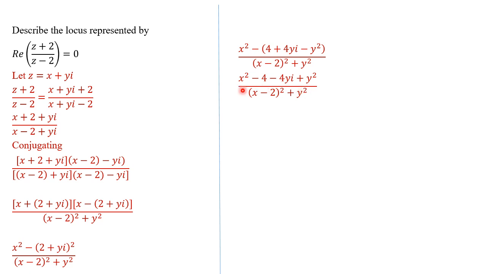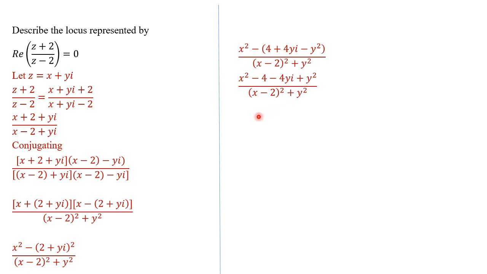So now we are interested in the real part. The real part of this expression, you can see, is x squared minus 4 plus y squared, all over this one. That's the real part. And the imaginary part is minus 4y, minus 4yi over (x minus 2) squared plus y squared here.